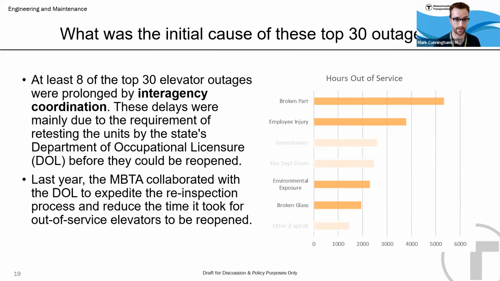It's part of the process, and actually last year we collaborated with the DOL to expedite this process with the goal of reducing the time that it takes for these out-of-service elevators to be reopened. And so I have taken the same bar graph on the right and highlighted broken part, employee injury, environmental exposure, and broken glass as some of these root causes that also had interagency coordination as a factor.